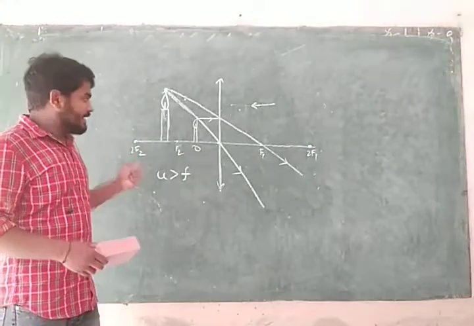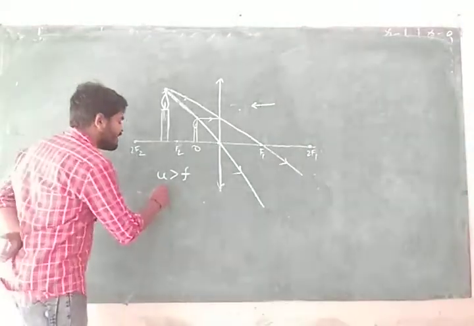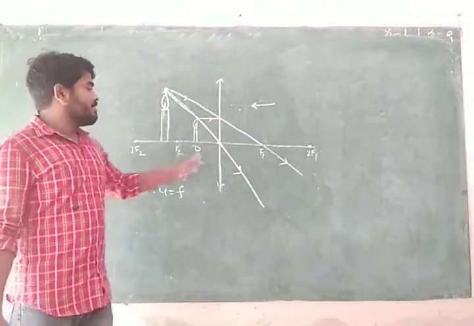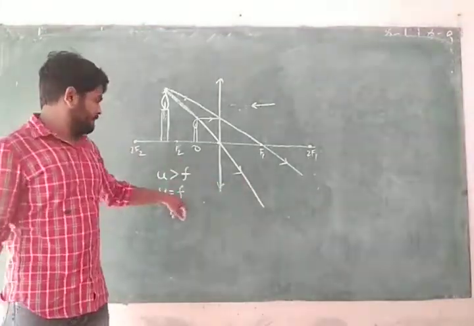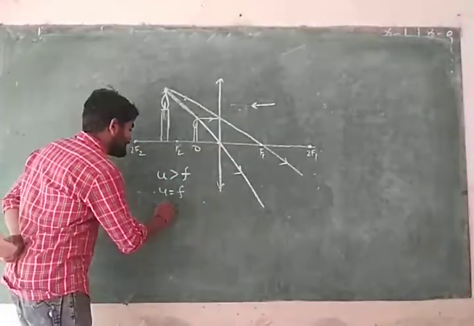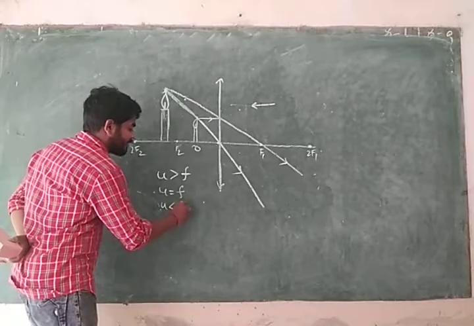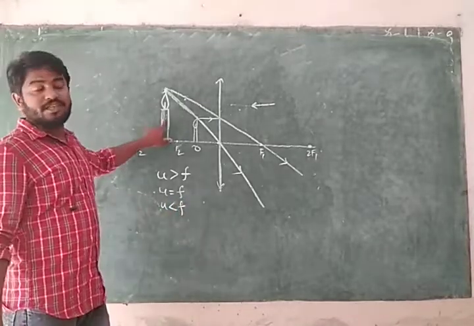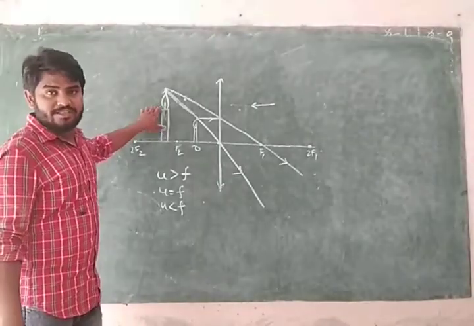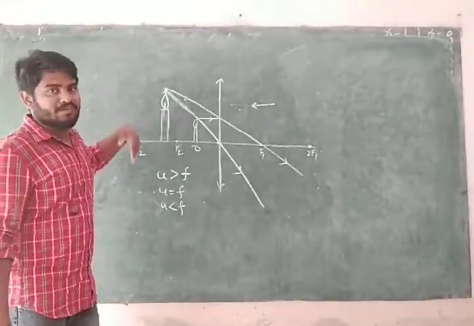Clear? And next, when the object distance is equal to the focal length, the image will be formed at infinity. And when the object distance is less than the focal length, it is a virtual, enlarged and erect image, not inverted.